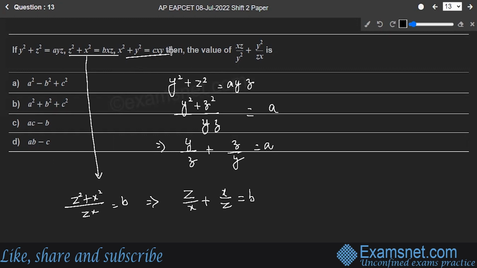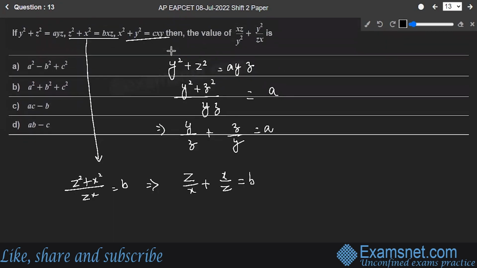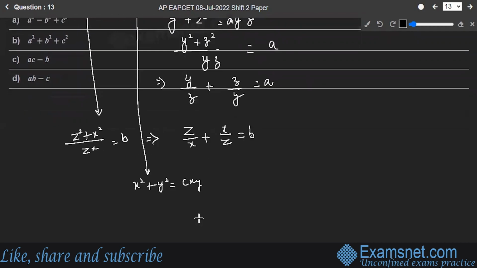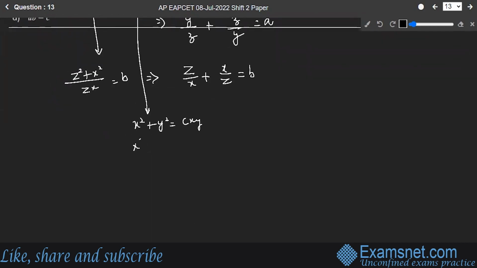Now let's pick up the third one, which says x square plus y square is equal to cxy. So this will make it x square plus y square upon xy is equal to c, which makes the further equation as x upon y plus y upon x is equal to c.